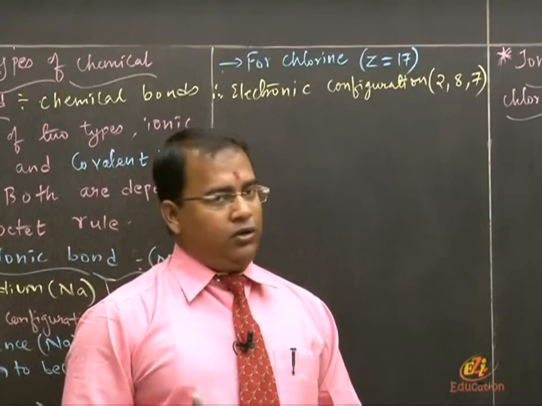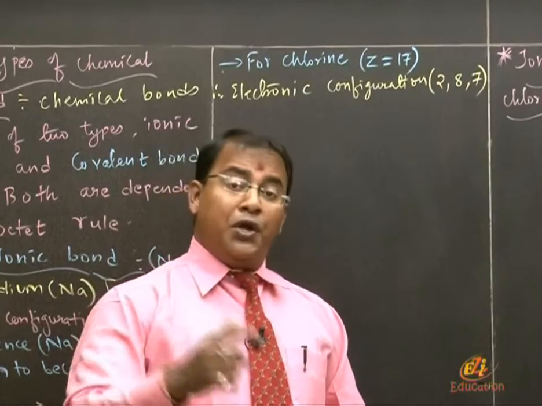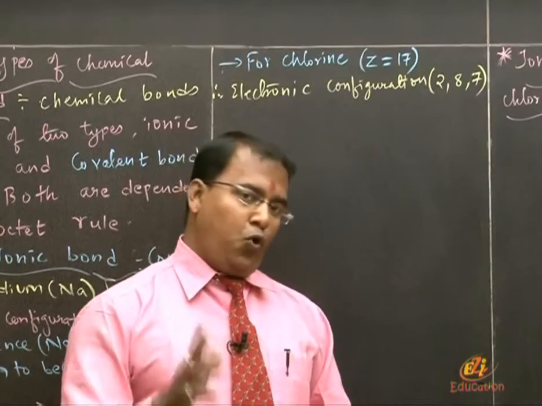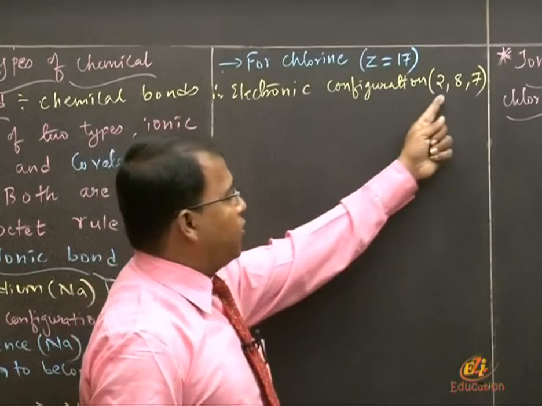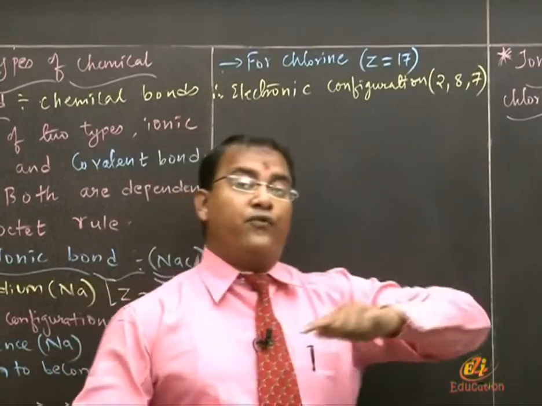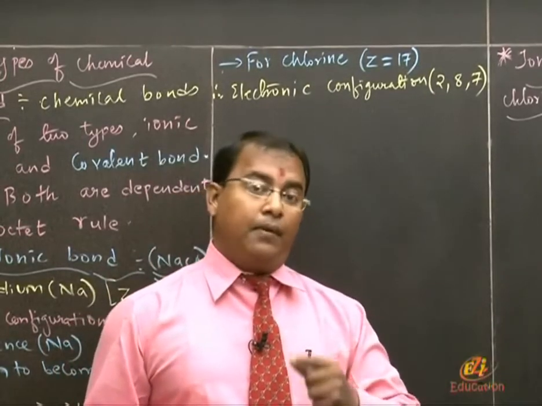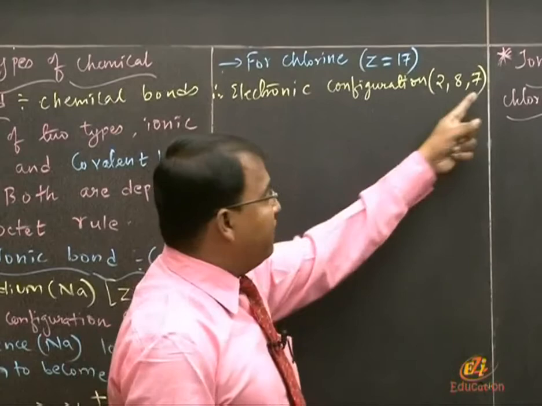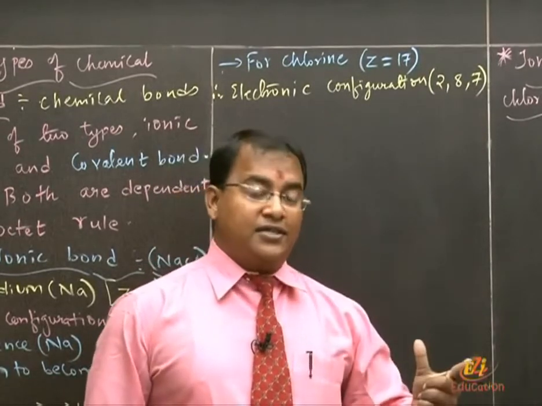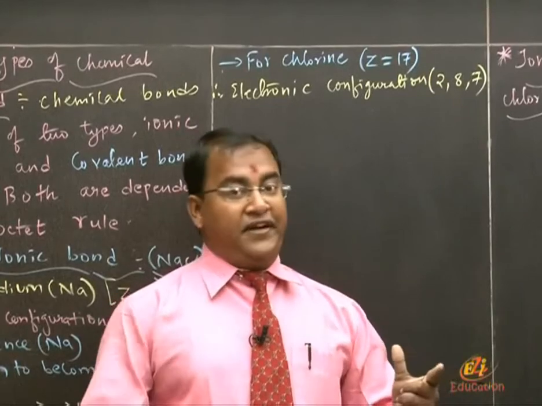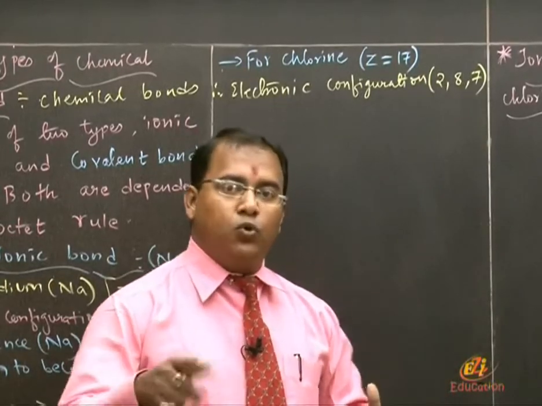Now, depending on the same rule, chlorine will try to become stable. Chlorine has two options. Chlorine atom configuration 2,8,7, it thinks of becoming stable. It can become stable by losing 7 electrons. If it loses 7 electrons, it will become 2,8. Otherwise, it has one more easier option. If it gains 1 electron, it will become 2,8,8.